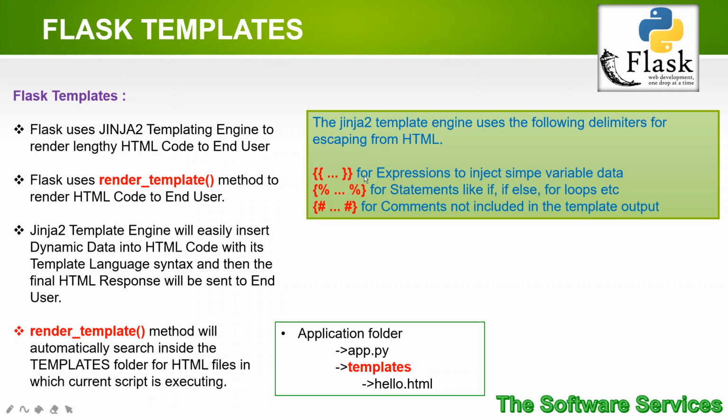It is used to substitute simple variable data which is coming from the function. At that time we will use this syntax, friends. Okay, and then curly brace percentage, and percentage curly brace, right? This syntax is used for statements. If you want to use conditional statements, if else, or some looping statements, then we will go for a pattern like this, right?